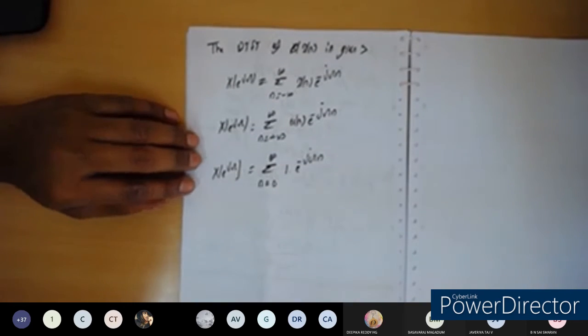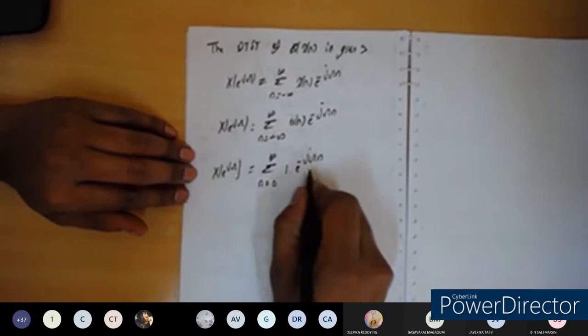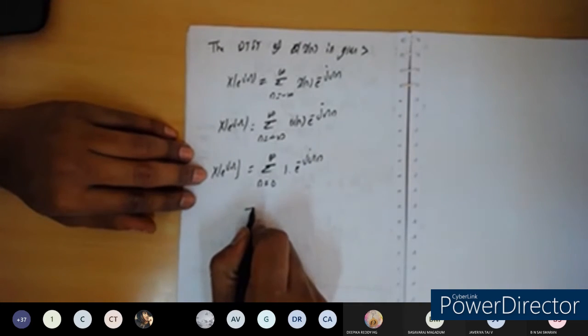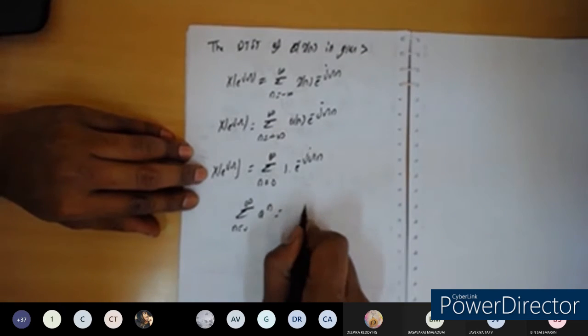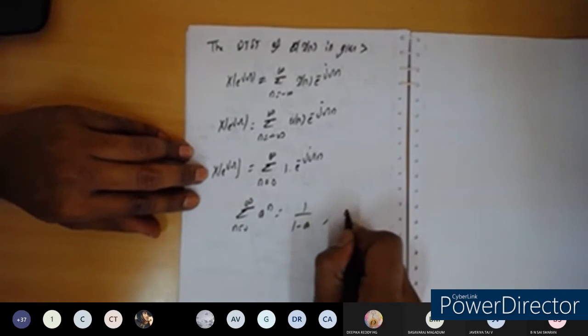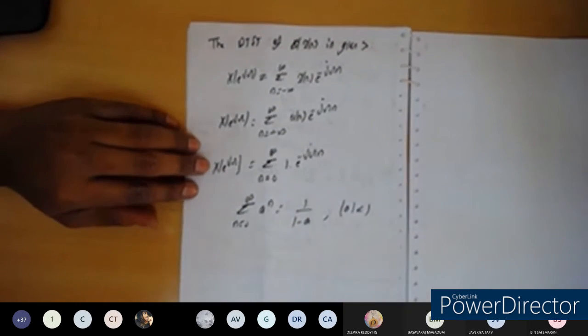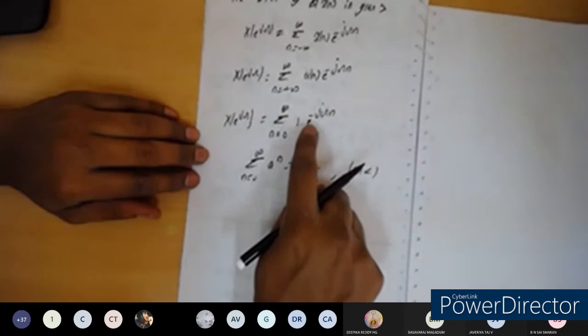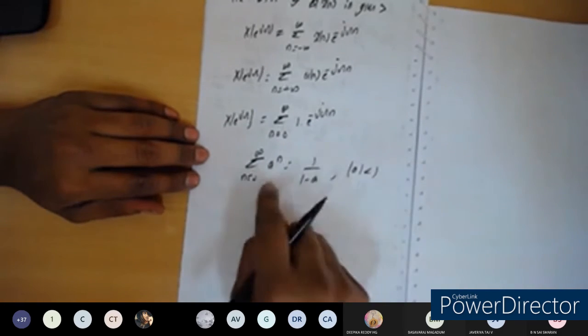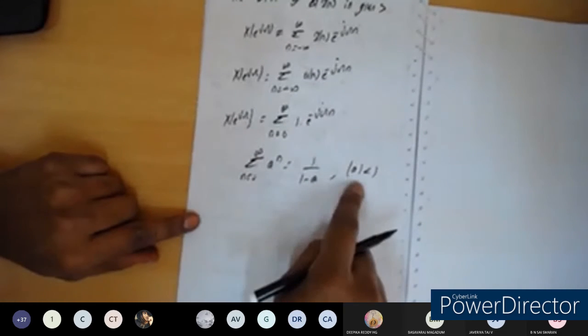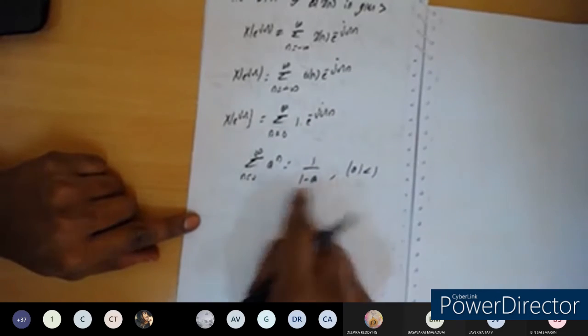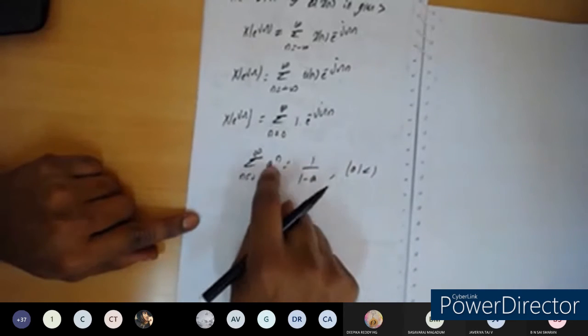We can see this is in the form of summation n equals 0 to infinity of a to the power of n, which is equal to 1 by 1 minus a, provided the magnitude of a is less than 1. Here e to the power of minus j omega plays the role of a.